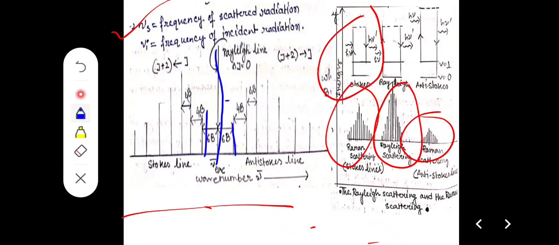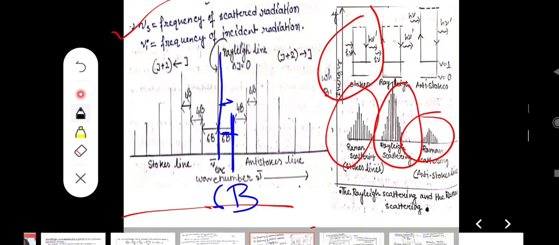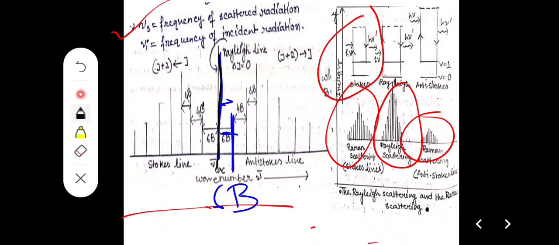In both cases, the difference between the Rayleigh line and the first anti-Stokes line should be 6B. And the difference between the Rayleigh line and the first Stokes line should also be 6B.